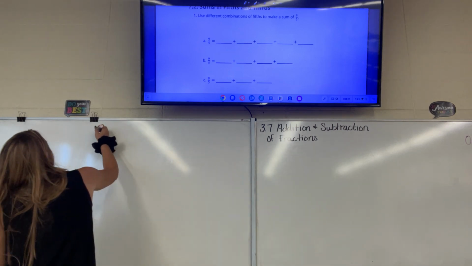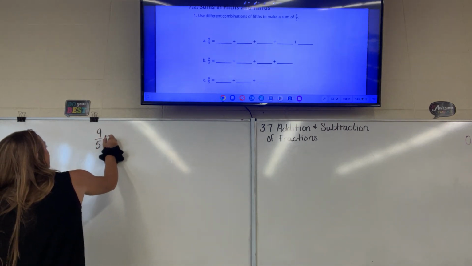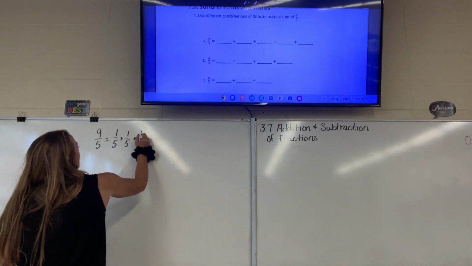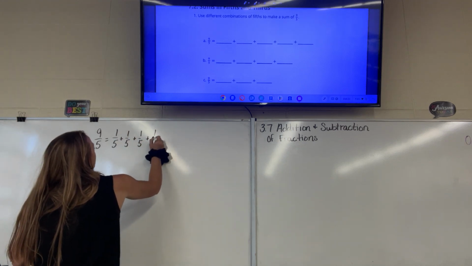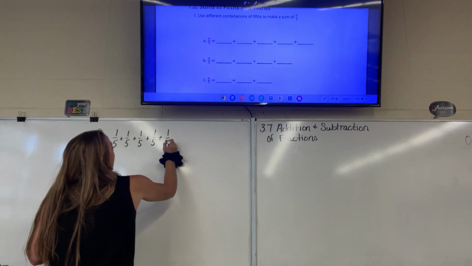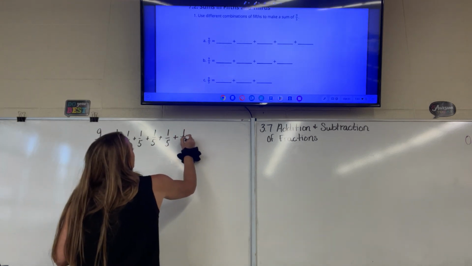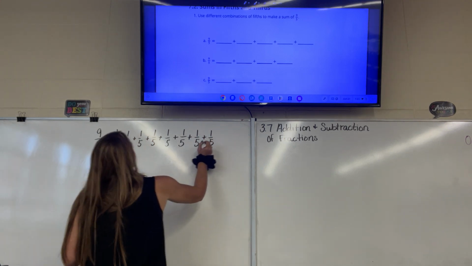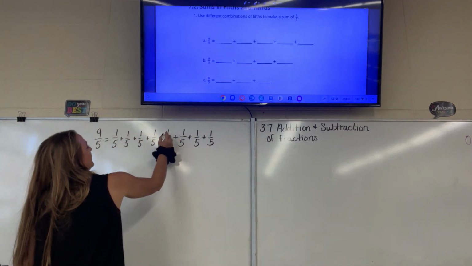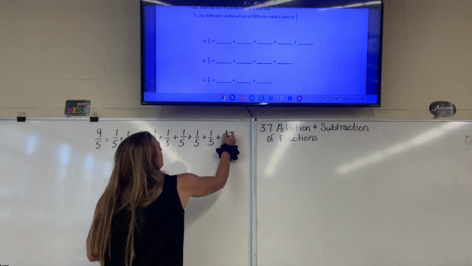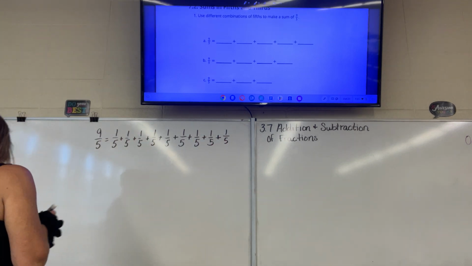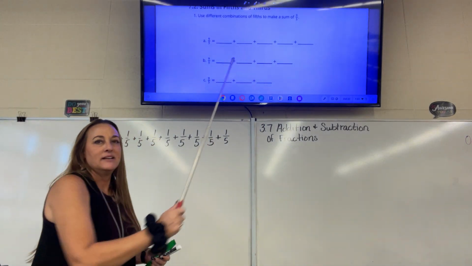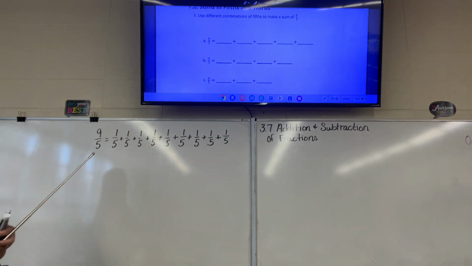You could do this. 9/5 equals 1/5 plus 1/5 plus 1/5 plus 1/5, and this is called adding or the sum of unit fractions. So that's 1, 2, 3, 4, 5, 6, 7, 8, one more. But the problem with doing that here is, how many spaces did they give us? 5. So we can't do that on this one.